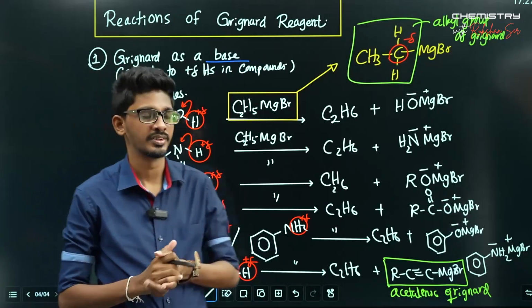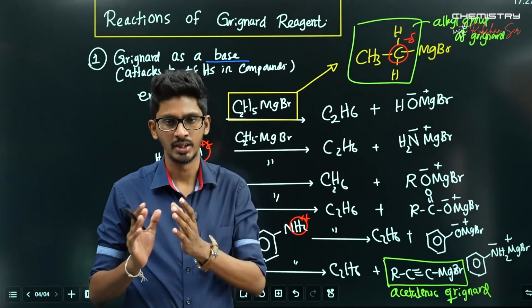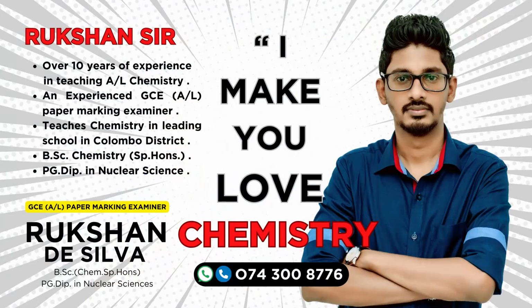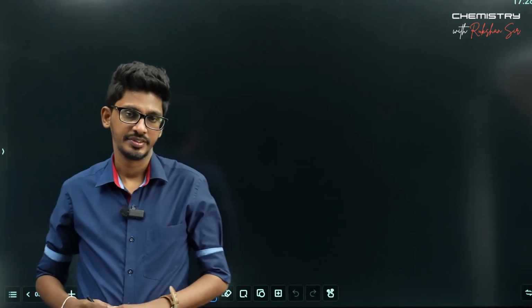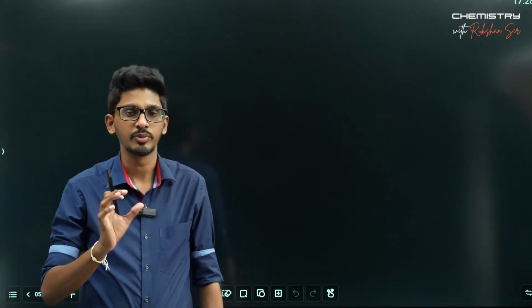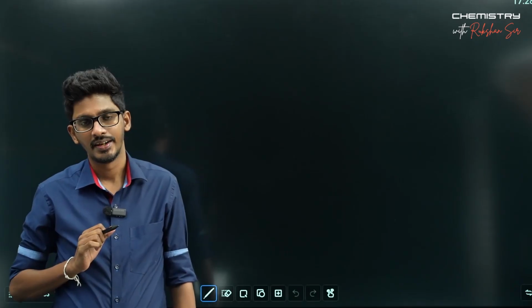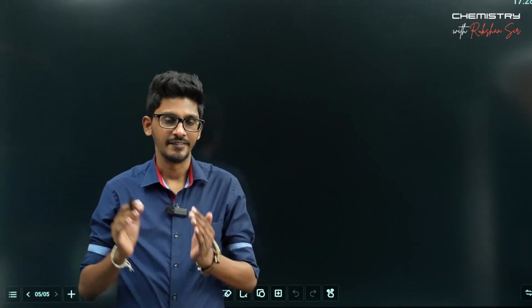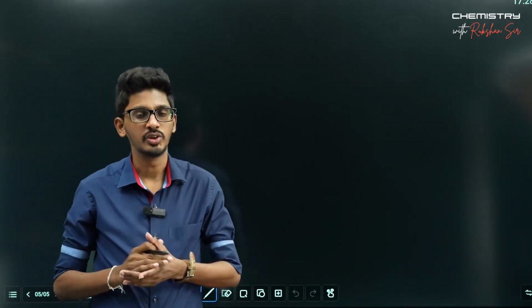Okay, let's go towards the next kind, the second type of reactions with the Grignard reagents. The second kind is when the Grignard is attacking delta positive carbons. On such occasions, we refer to the Grignard as a nucleophile.